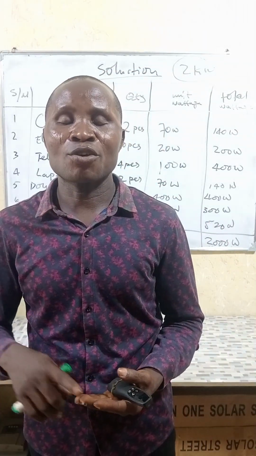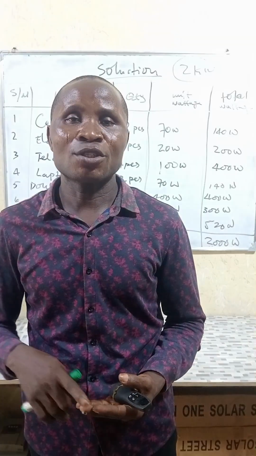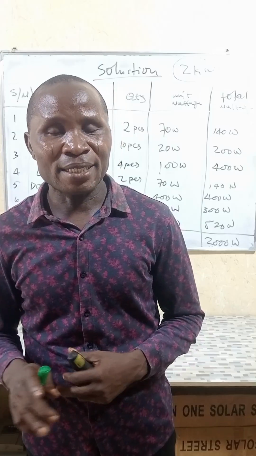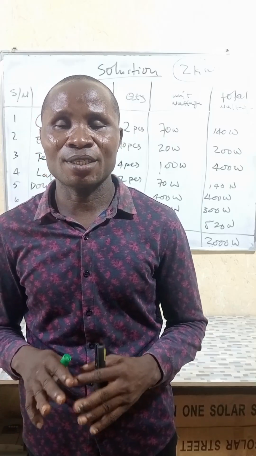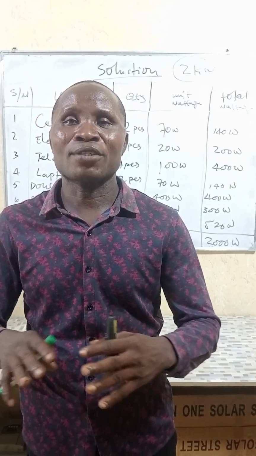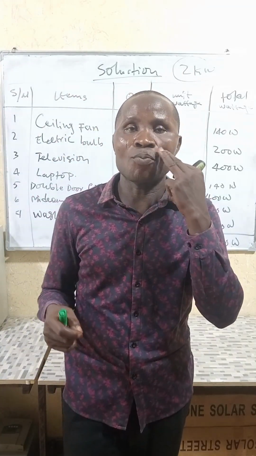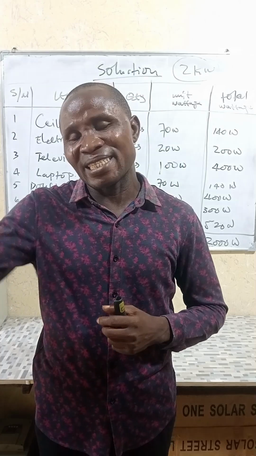The value of power factor ranges from 0 to 1: 0.1, 0.2, 0.3, 0.4, 0.5, 0.6, 0.7, 0.8, 0.9, then 1. That is how the power factor is rated, and the highest power factor you can have is 1. Now, we want to use 0.8 in this calculation.